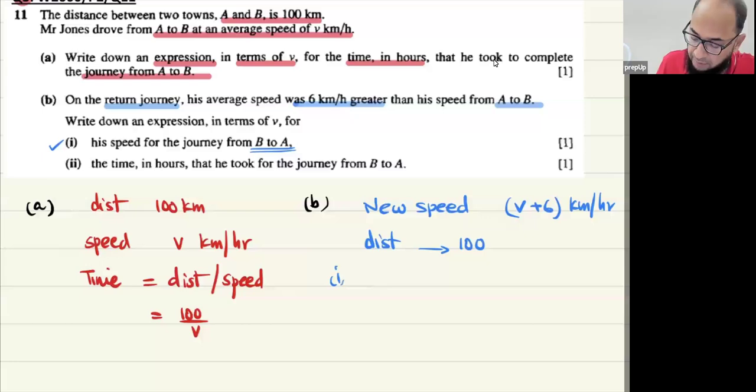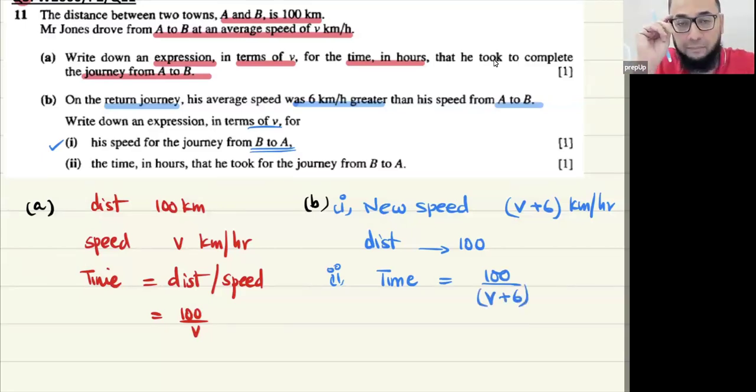So part 1, now the time, an expression in terms of V for the speed. So speed is already given. So this is B part 1. The time that he took for the journey. So time would be distance 100 over V plus 6. Now before we proceed further, think in terms of common sense.